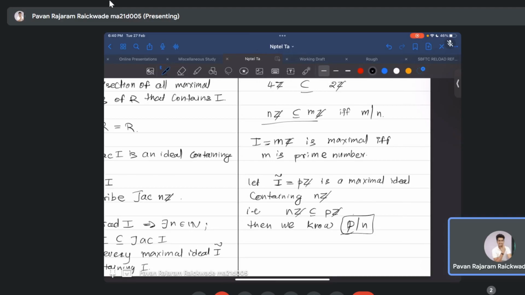So if I collect all the maximal ideals containing nZ, I'm collecting all the pZ's where p is a prime divisor of n. That's all. Perfect.